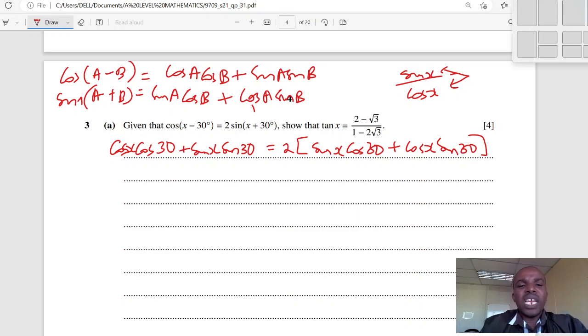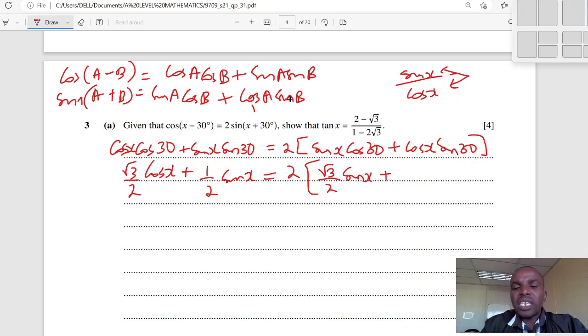Cos 30 from the calculator or from the triangle is root 3 over 2. So it will be root 3 over 2 cos x plus sin 30, which is half, half sin x, is equal to 2 times root 3 over 2 sin x plus sin 30, which is half cos x.